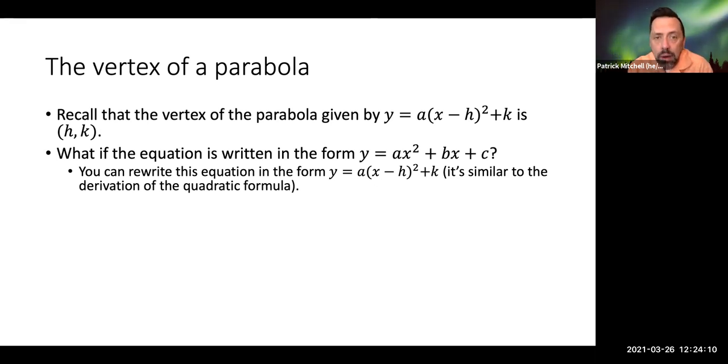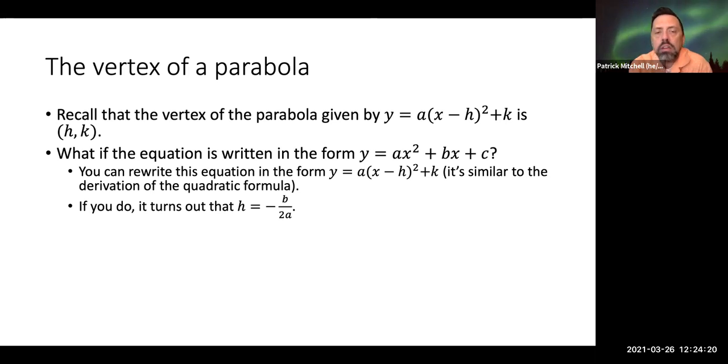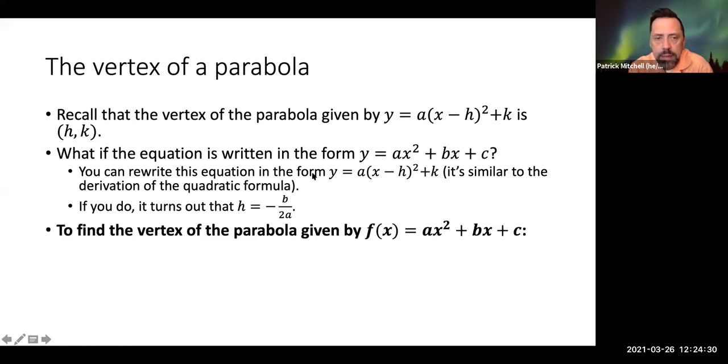It turns out that when you do that, h always comes out to negative b over 2a. So take that to be a formula for the vertex of a quadratic function that's written in this form, y equals ax squared plus bx plus c.